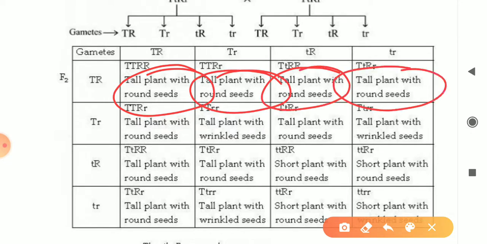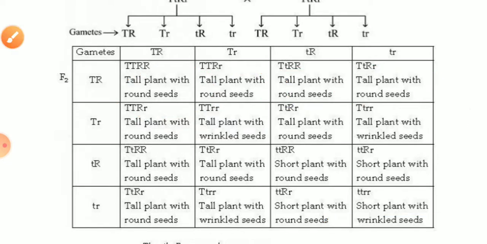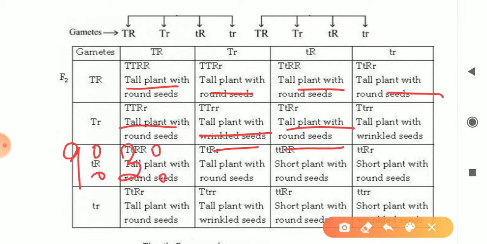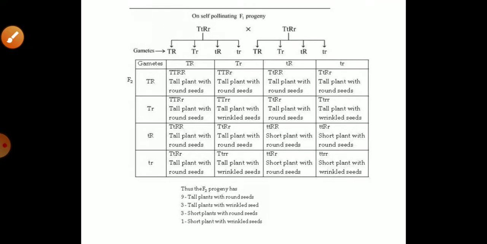When you sort it out and count the numbers, you get tall and round as 9, tall and wrinkled seeded plants as 3, short plants producing round seeds as 3, and short plants with wrinkled seeds as 1. So we get the ratio 9:3:3:1, which is the dihybrid ratio.